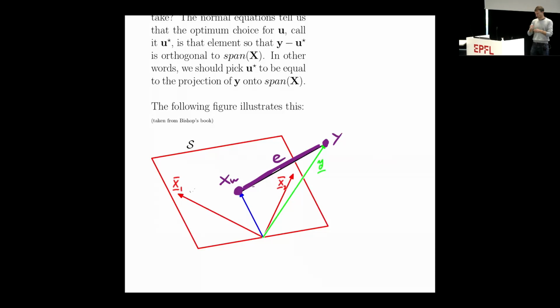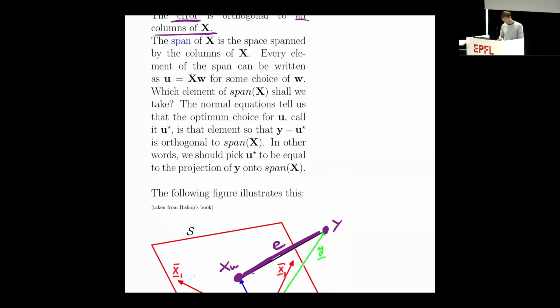So that vector is the E, the purple vector.